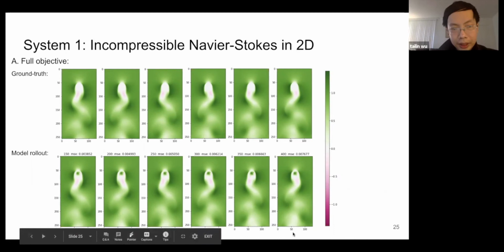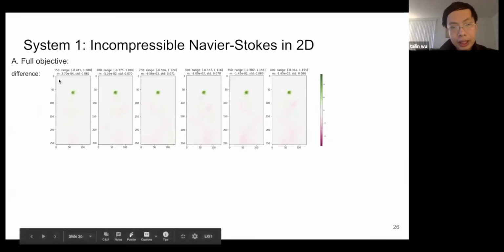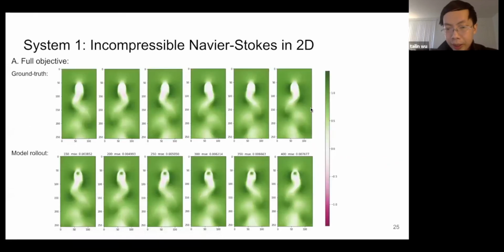And here is the difference between the ground truth and our model prediction. Note that our model has some prediction inside the cylinder, because in our training we use masks so that we do not compute the loss within the cylinder. So this does not matter inside.